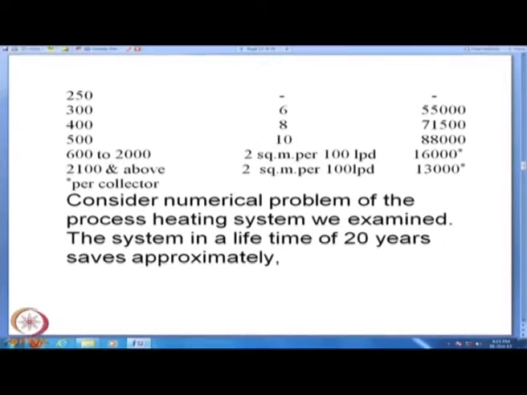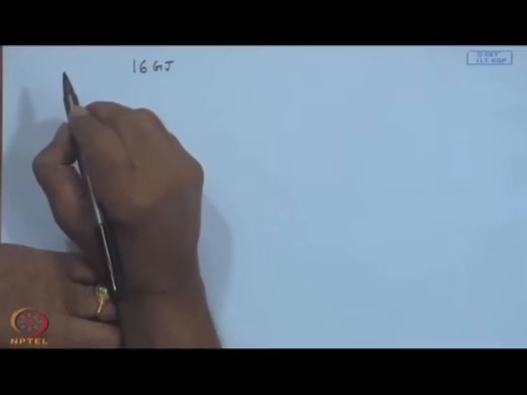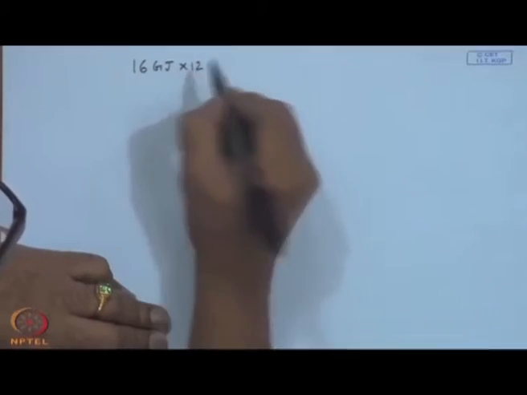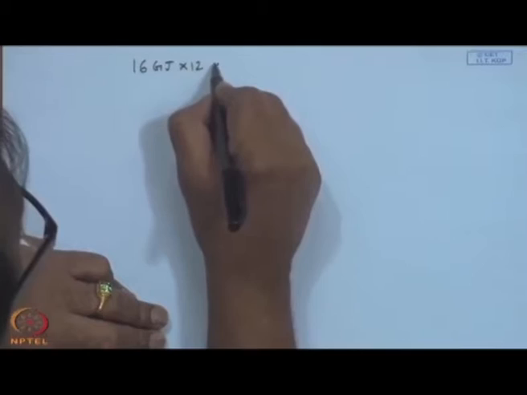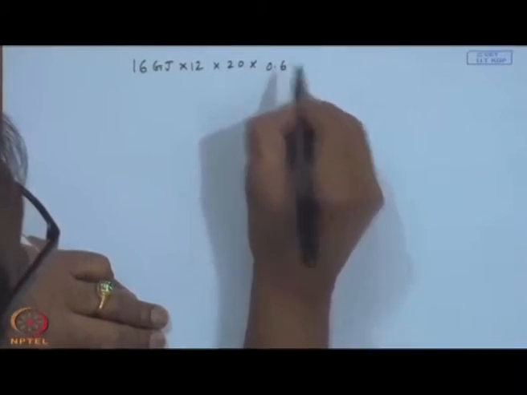So, let us consider the simple numerical problem of the process heating system we examined. The system has a lifetime of 20 years. In a lifetime of 20 years it saves approximately, considering the 16 gigajoules of load from the problem that we solved, for 12 months, assuming it to be uniform for 20 years, multiplied by 0.6.